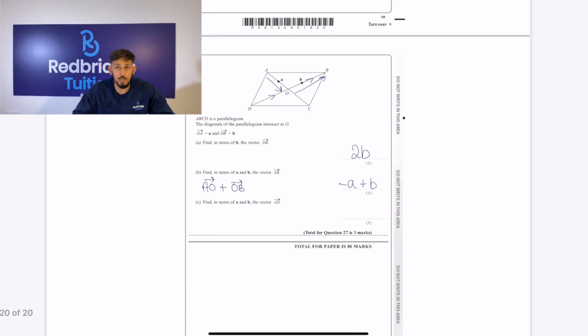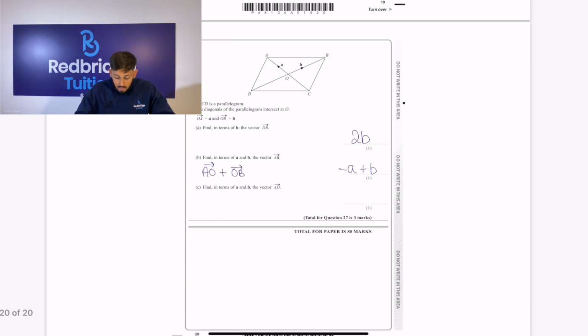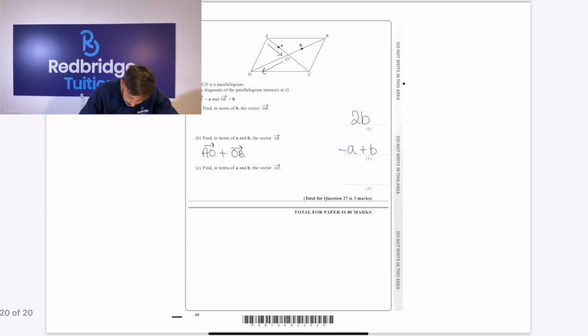Part c. Find in terms of a and b the vector AD. So from A to D, we travel from A to O, which is shown with the arrow here, and then from O to D. So I'll just write that down here.